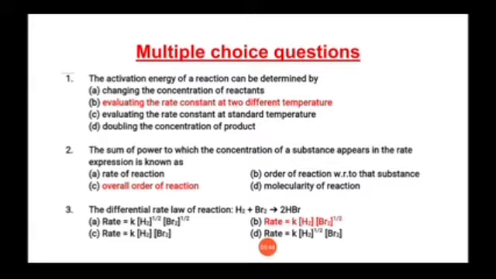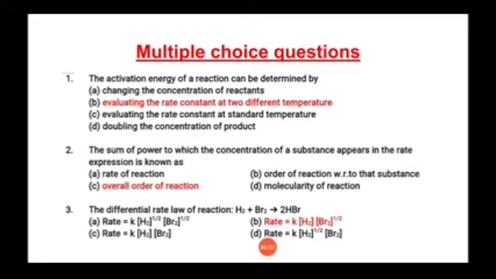So here we all know that this is a special case in which the rate is written as, or you can say, minus d[H2]/dt is equal to K [H2] raised to 1 into [Br2] raised to 1/2.